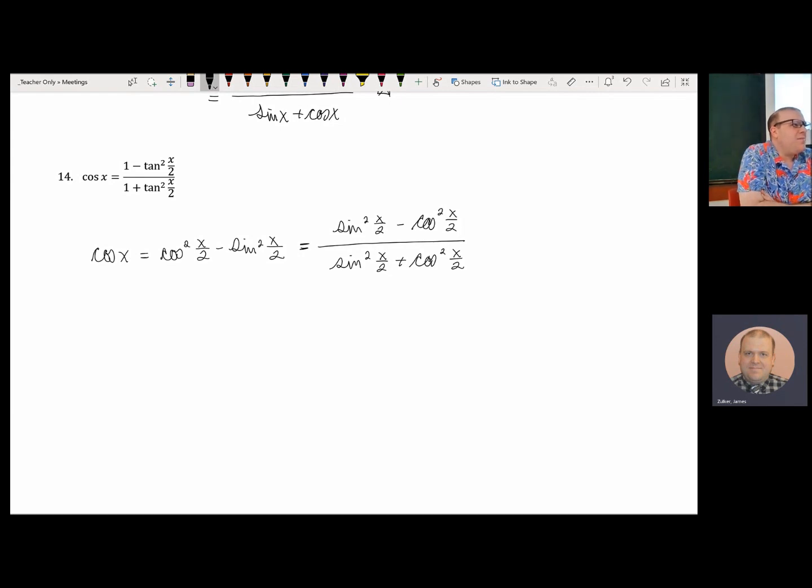Isn't x 2 times x over 2? Sure. So x is a double angle of x over 2. So theta in that identity would be x over 2, because then x would be twice that. Okay, so cosine of 2 theta.